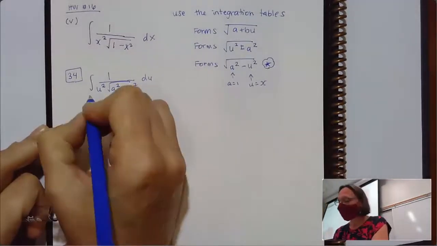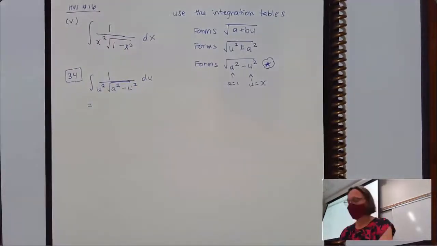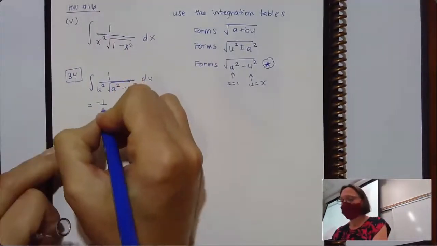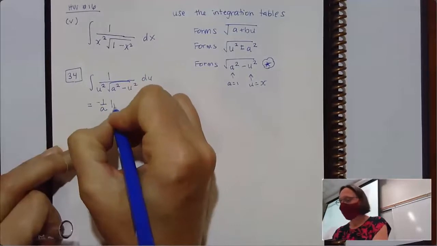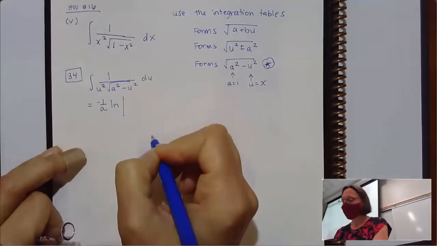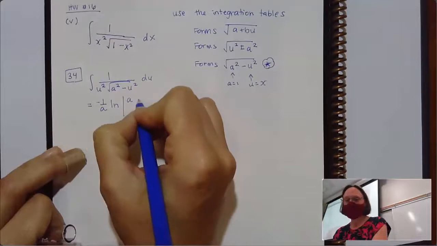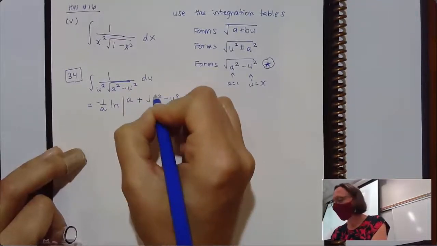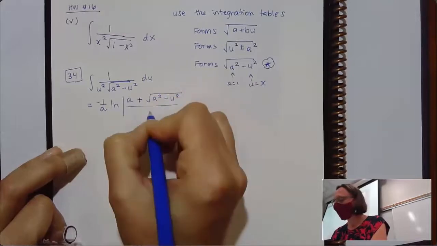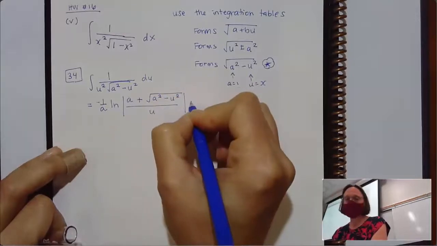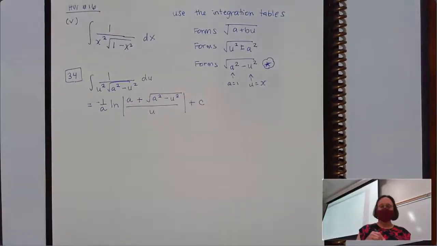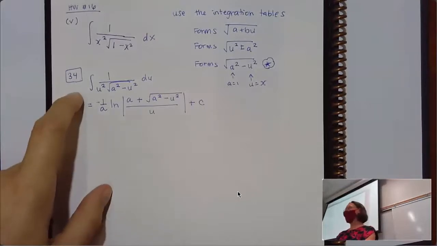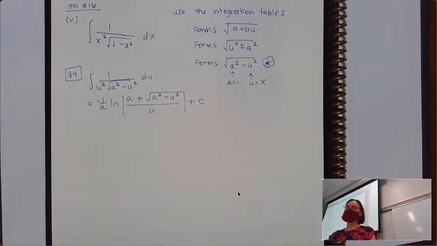This formula says that we should have negative 1 over a, natural log of a whole bunch of garbage, a plus the square root of a squared minus u squared, whole thing over u plus a constant. So really, the bulk of the trick to these is just figuring out which of the equations in the table we need to use.